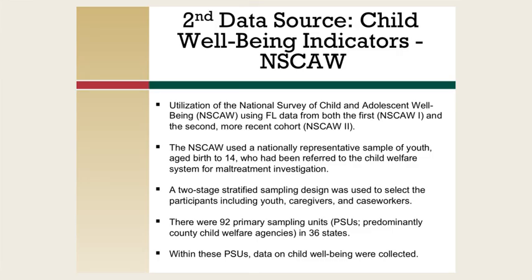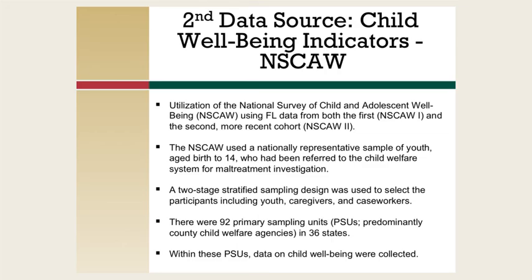Let me just talk a little bit about the National Survey of Child and Adolescent Well-Being, which is the data source that we're talking about. We used cohorts 1 and 2. What's really nice about NSCAW is that it used a nationally representative sample of youth, birth to 14, who had been referred to the child welfare system for investigation of alleged abuse and neglect.